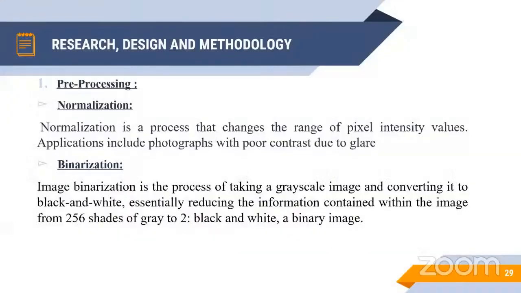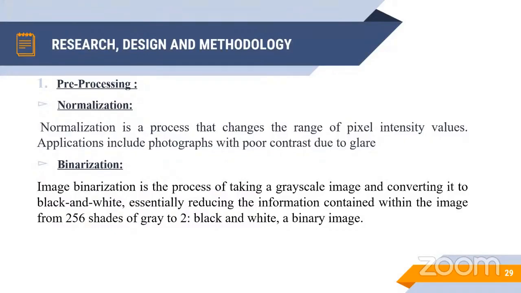The normalization is a range of pixel intensity values, and applications include photographs with poor contrast due to glare. The binarization means it has two values, either 0 or 1, right?